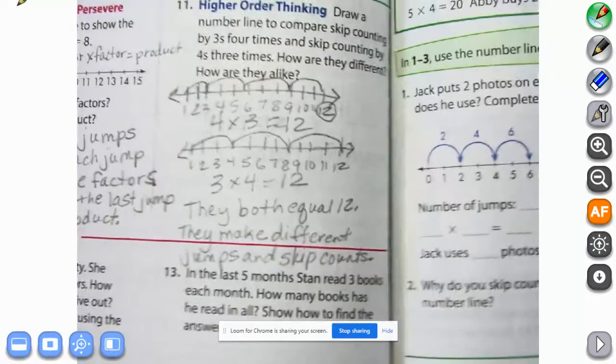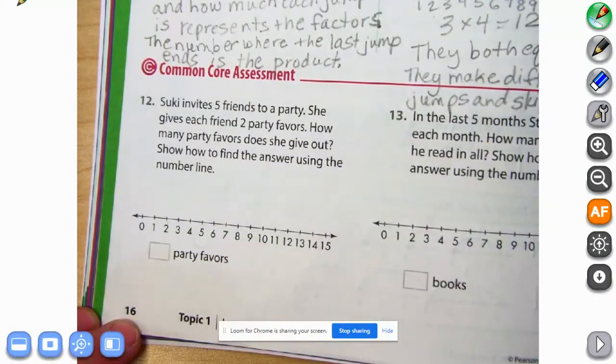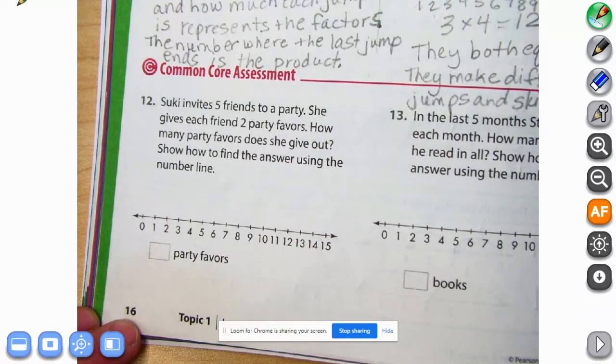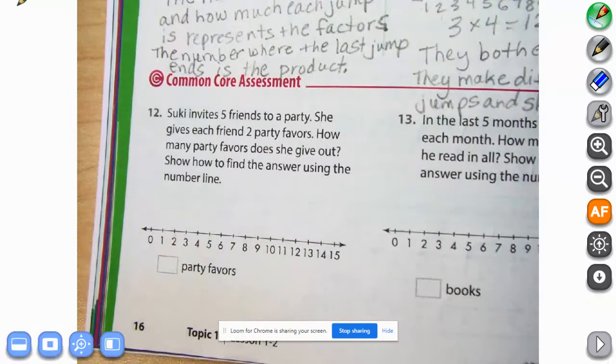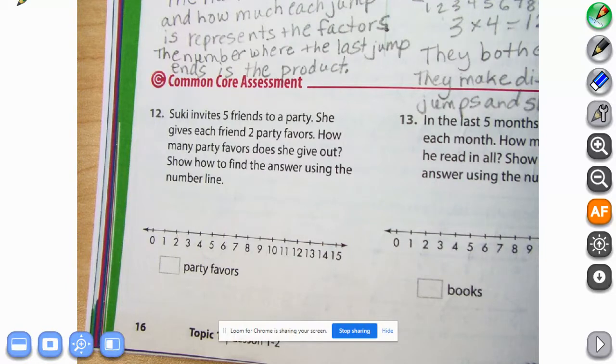Alrighty, we're going to go to number 12. Suki invites 5 friends to a party. She gives each friend 2 party favors. How many party favors does she give out? Show how you find the answer using the number line.